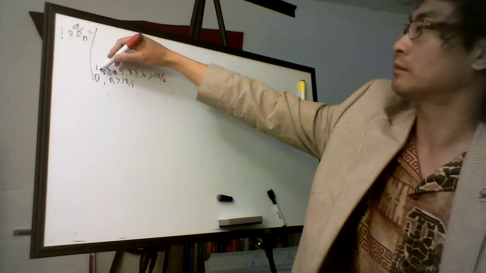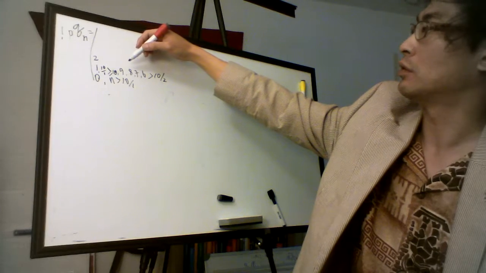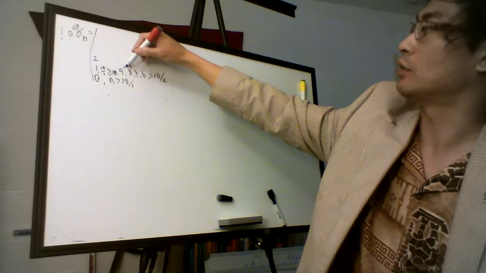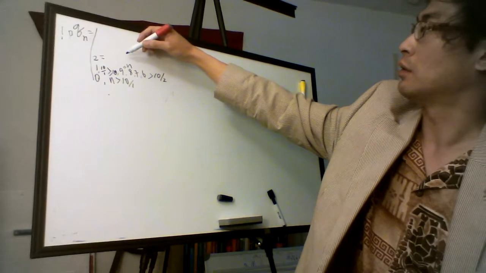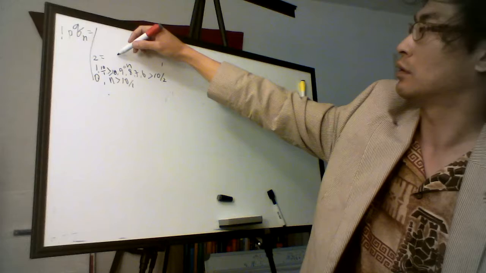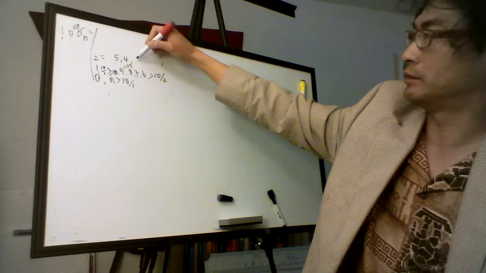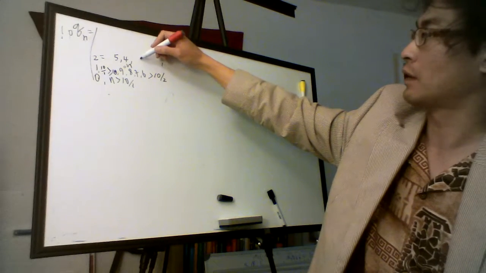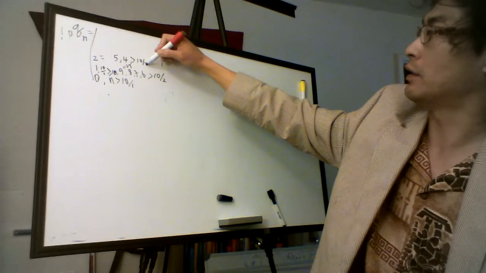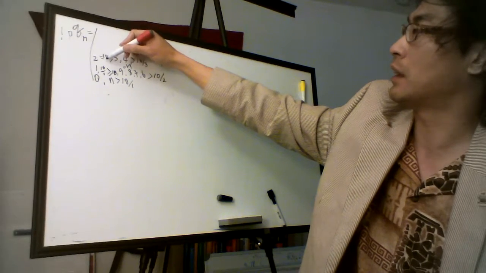I omitted one number. This is n, okay? You have 5, 4. That's it, right? So, which is more than 10 divided by 3, less or equal to 10 divided by 2.